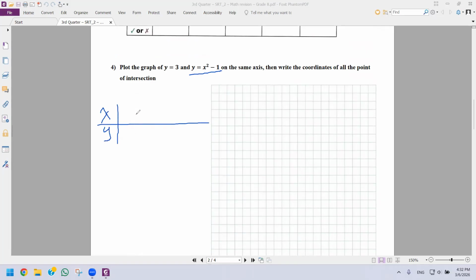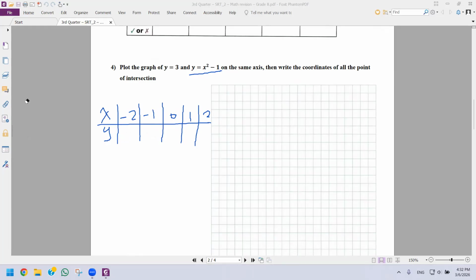So it's better if I get 5 points. Let me choose some negative values and some positive values. So let me choose minus 2, minus 1, 0, 1, 2. Now, minus 2 squared, which means minus 2 times minus 2, is 4. Minus 1, no, sorry.